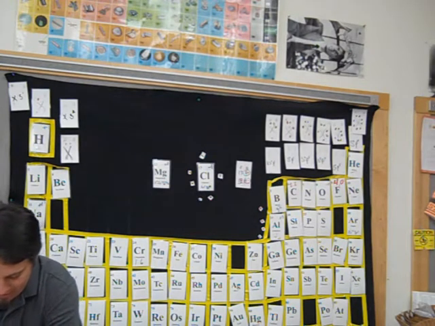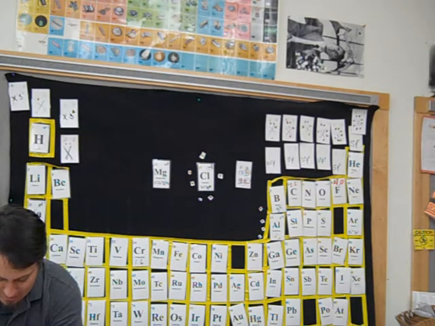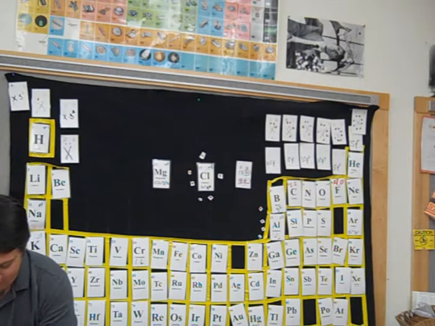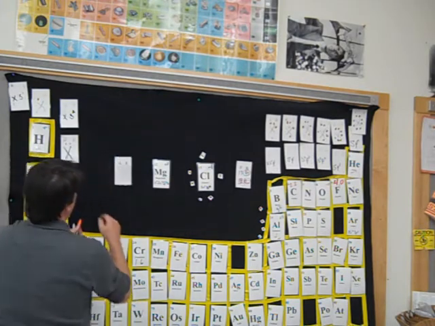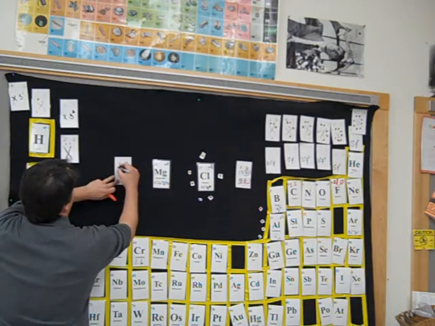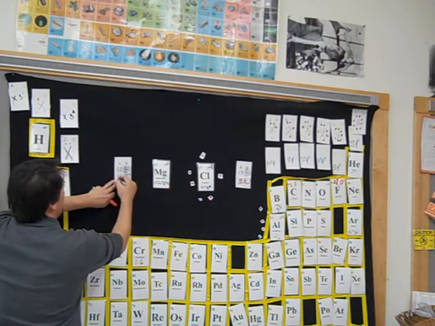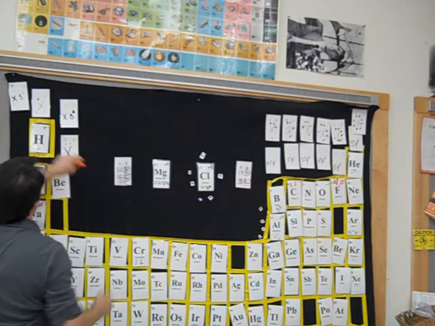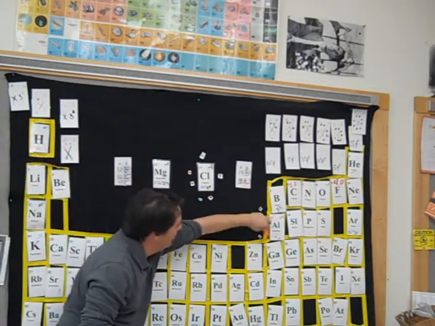But yes, magnesium will be +2 because it goes from having 12 protons and 12 electrons to then having 10 electrons, because it has 2 outer electrons, and here they are.